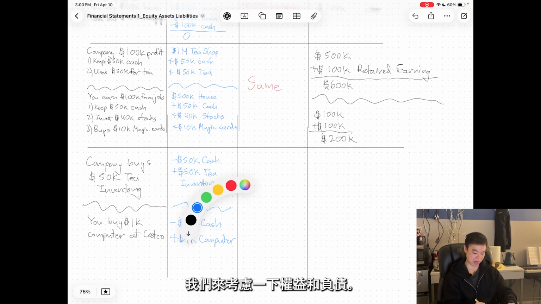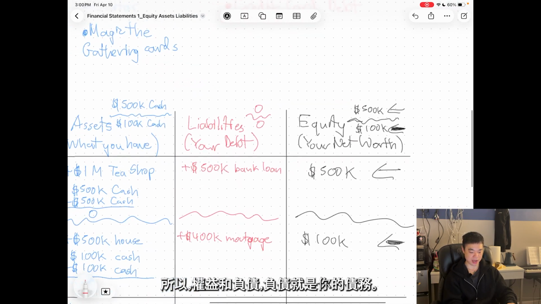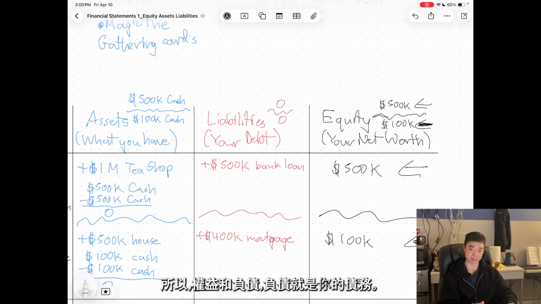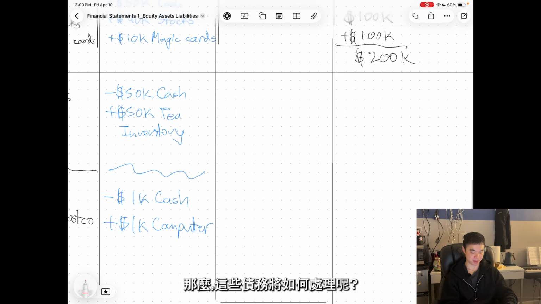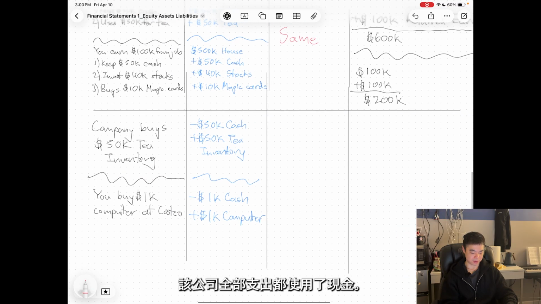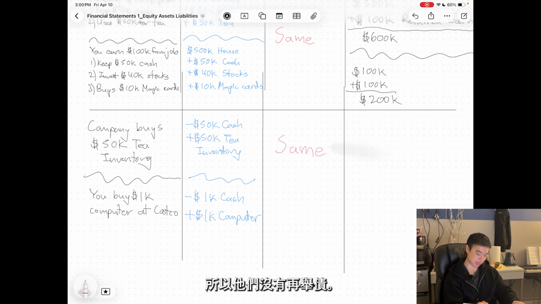All right, let's think about the equity and liabilities. Liabilities are your debt. Equity is what you own, your net worth, right? So what happens to the liabilities here? Well, the company purely spent everything using cash, so they did not take out any more debt.